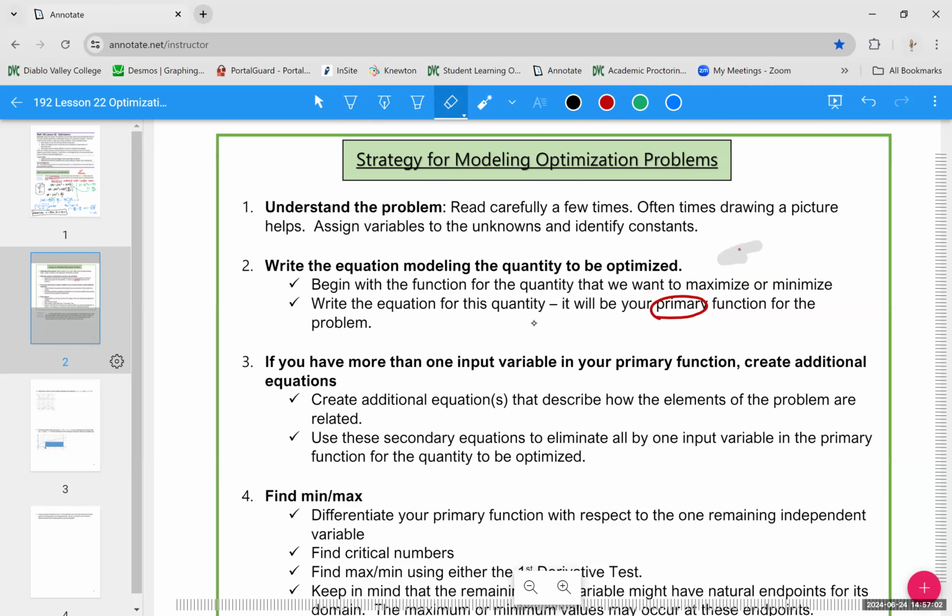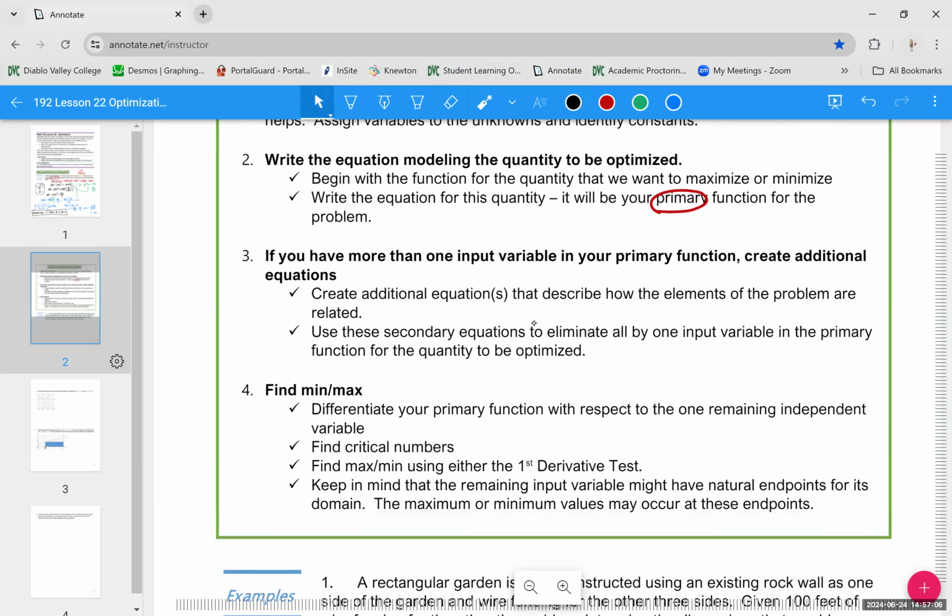Now often what happens is when you do that, like in our can problem, you have too many input variables. You've got an r and an h, a length and a width, something to that extent. So the next thing you need to do, if you have more than one input variable, is create additional equations.